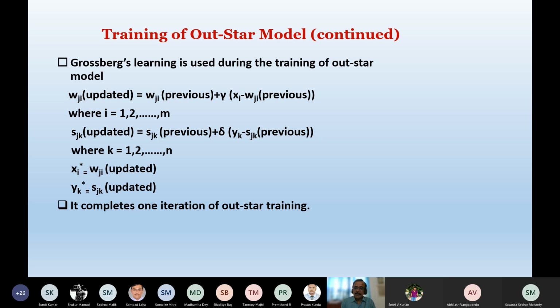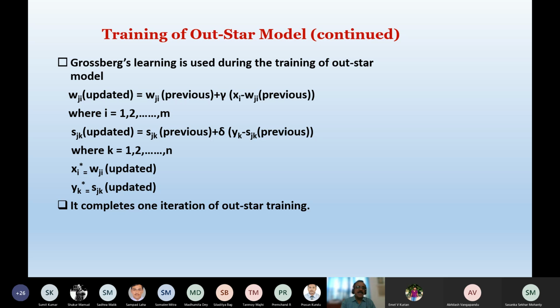So I have discussed the principle of both instar training and outstar training. Let me repeat. During the instar training, we use some sort of unsupervised learning, that is the coherence learning. In the outstar training, we use some sort of supervised learning, that is called the Grossberg learning.